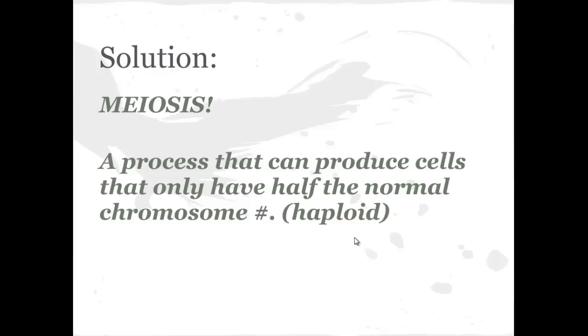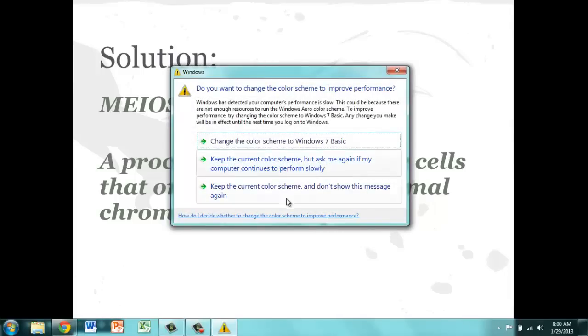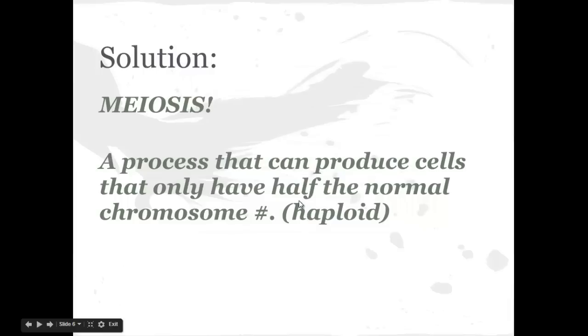Why do I want to make cells with 23 chromosomes? So that when my mom contributes genetic information to me, I'll have 23 chromosomes from her, and then I'll get 23 chromosomes from my dad, and then I will be a cell with 46 chromosomes.